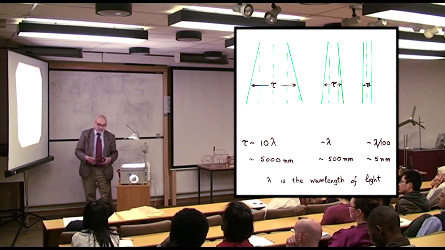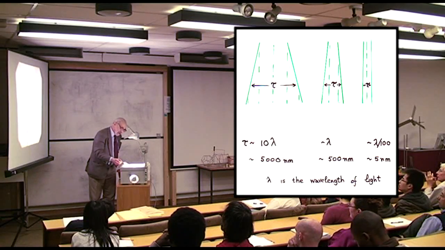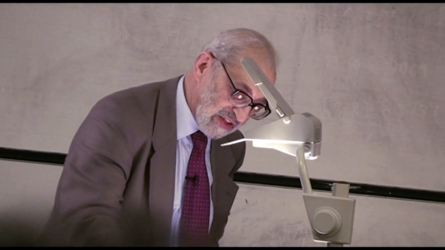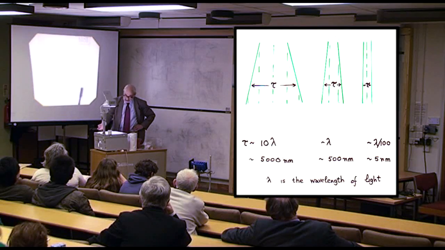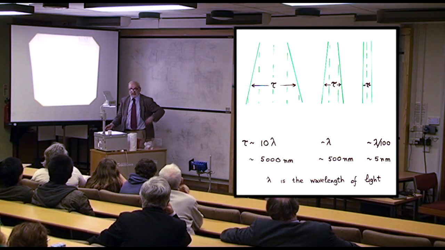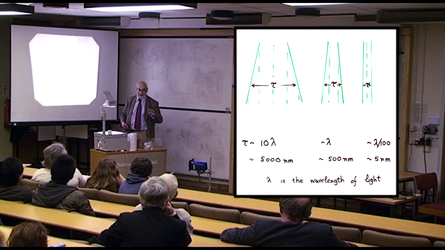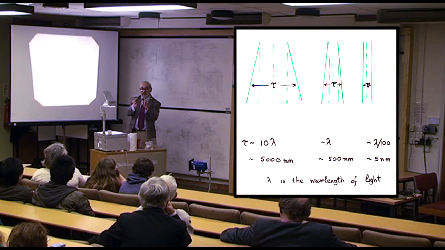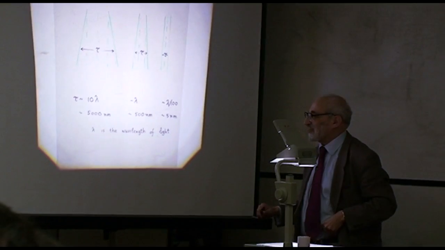It may start off having a thickness about 10 times the wavelength of light and then thin down to about the wavelength of light, and if it doesn't burst it will end up being about 1/100th of the wavelength of light, and that means it will only contain 2 ions, soap ions, back to back, so it's exceedingly thin. You can't have anything really much thinner than that.